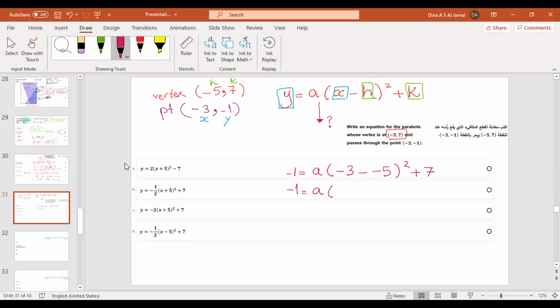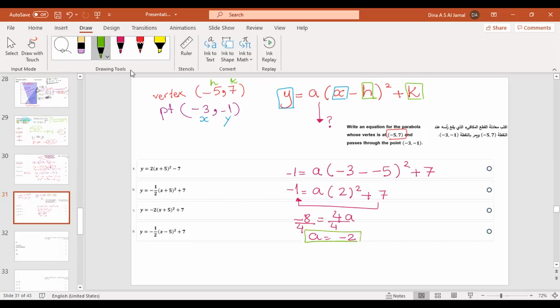So this is -3 plus 5, which is 2, all squared, plus 7. So it will be moving this one to the other side. -1 minus 7 will be -8 for a. So if I would like to have the a alone, I will divide by 4, which will give me -2.